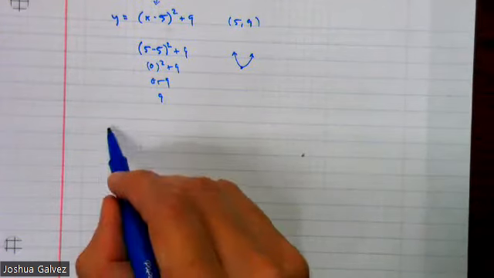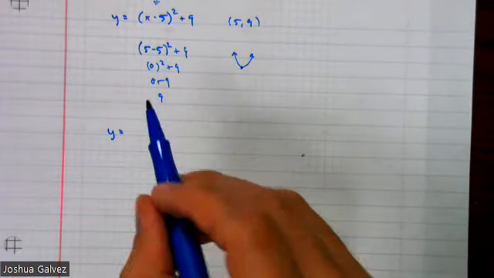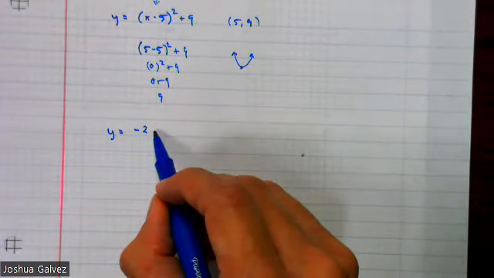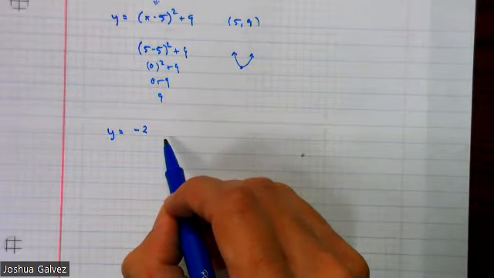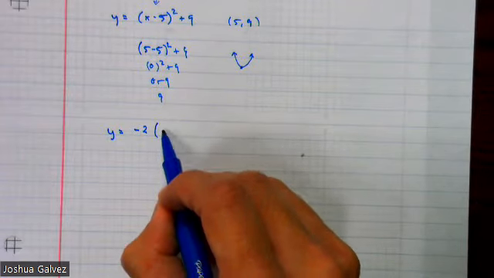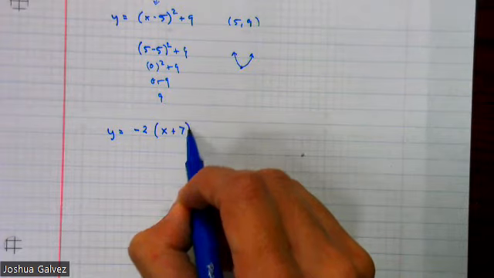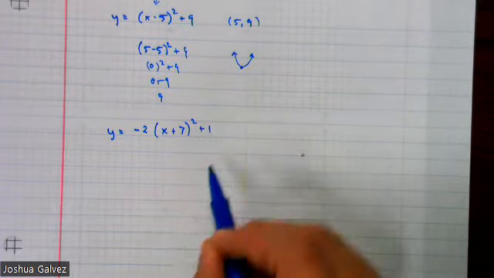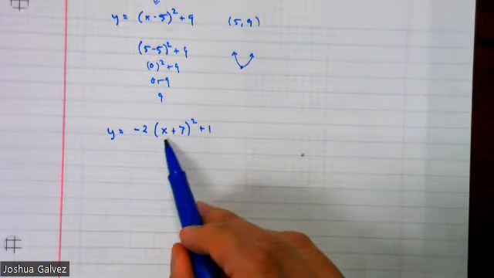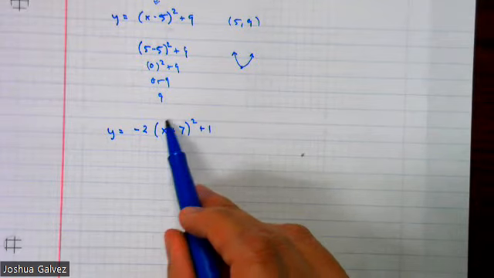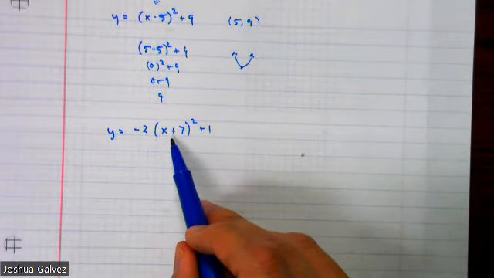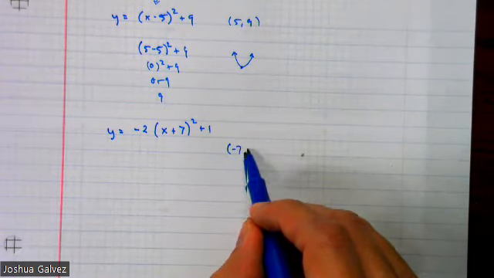Just one more quick example before we go. This applies also even if your parabola is concave down. So something like y equals negative 2 times (x plus 7) squared plus 1. Again, we want to choose an x so that this part of the expression is 0. So we would choose negative 7 for x.